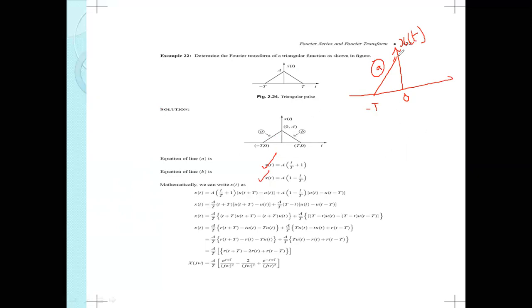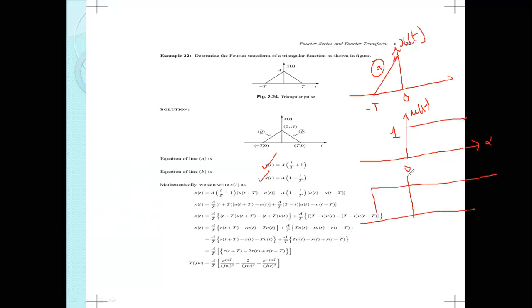Now I'm using here, first of all, mu of t, from 0 to infinity, the value is 1. Then I need the value from minus t. So the advanced function can be taken, that advanced function is mu of t plus capital T. So it is shifted towards the left side by T samples.